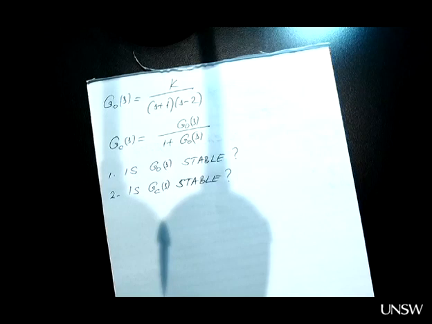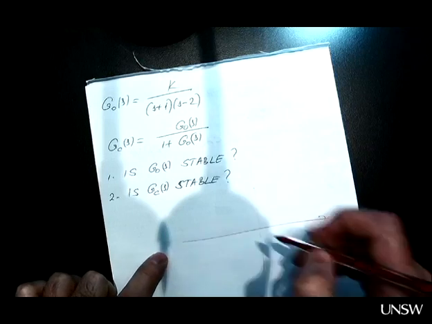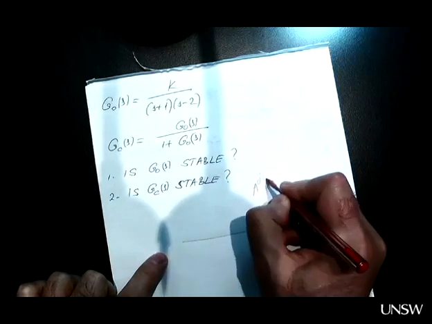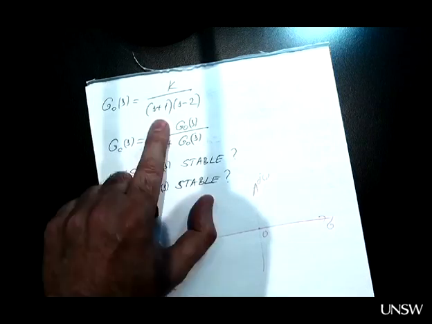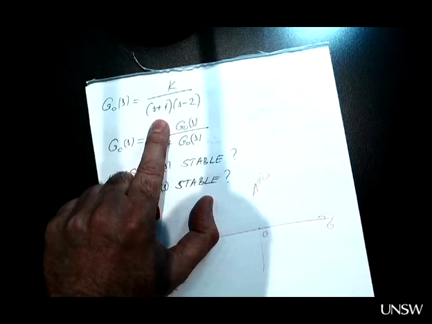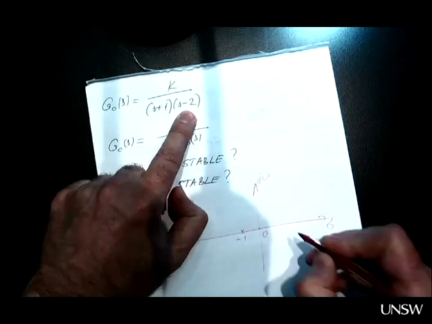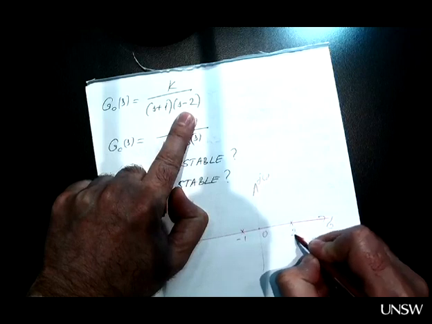Let's see. We know how to check stability. We check where the poles are. So we have one pole at -1. The other pole at +2. So why is this unstable then?